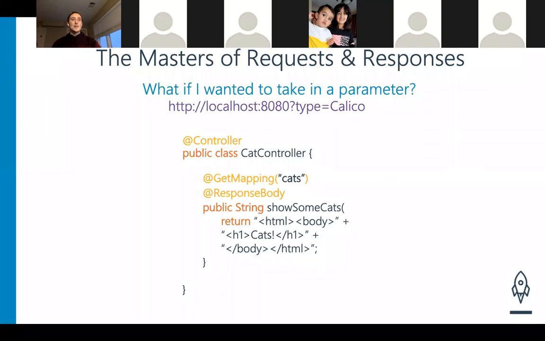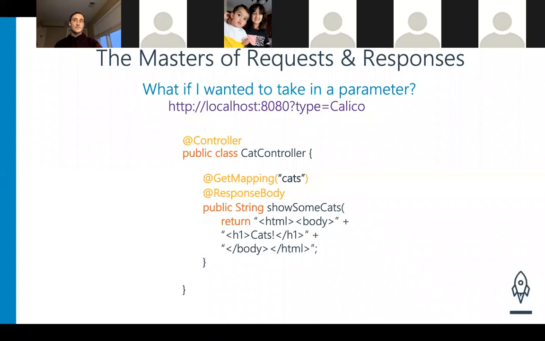All right, let's move on to one more question then. What if we wanted to take in a parameter? In this case, we have type equals calico. What would we add to our method? Is this the model? No, not necessarily.